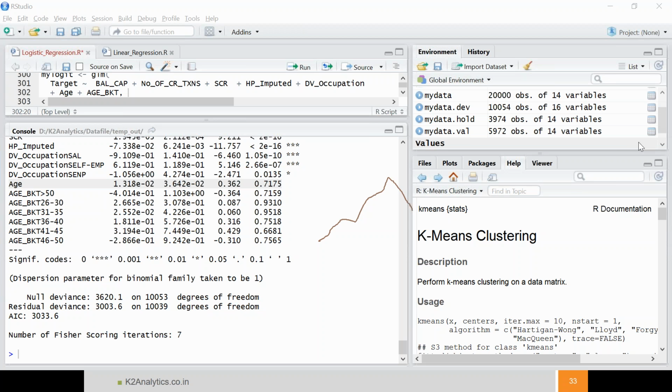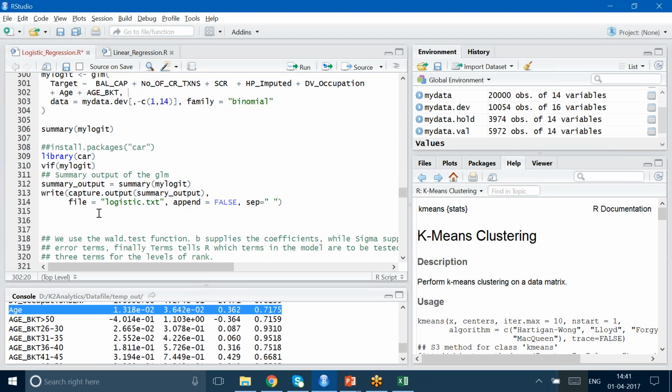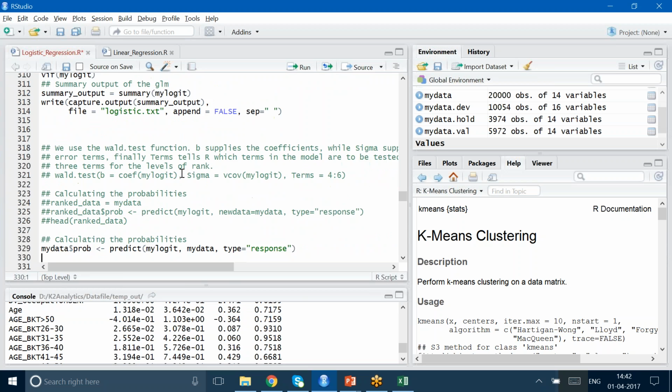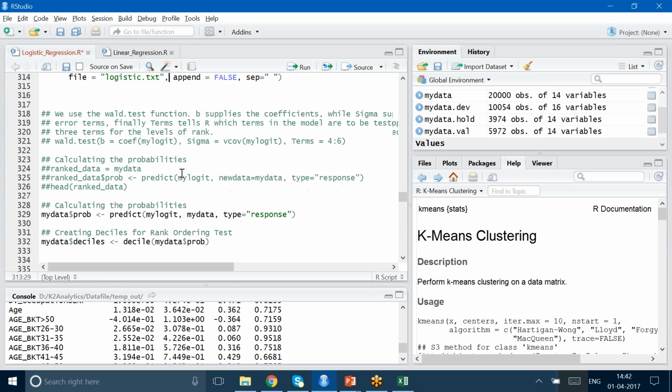So let us try doing that. Let us do it with respect to 43. I know the numbers. Is that code already written? No, that code is not there, so let us create that.